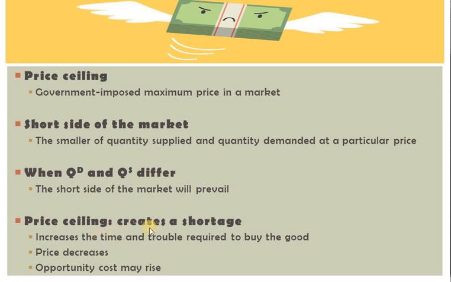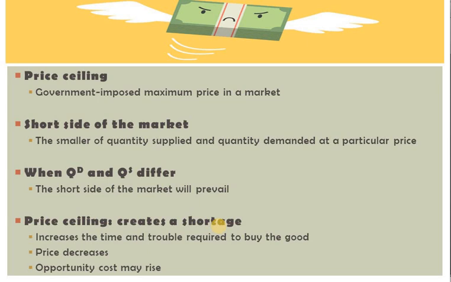Dahil may price ceiling, dumadami po ang tinatawag natin na demand. Okay, bakit po? Kasi si government, nag-impose siya. So, hanggang dito lang dapat kataas yung presyo. Dahil hanggang dito lang dapat kataas yung presyo, si market, ang gagawin niya, they will take the opportunity to buy a lot.